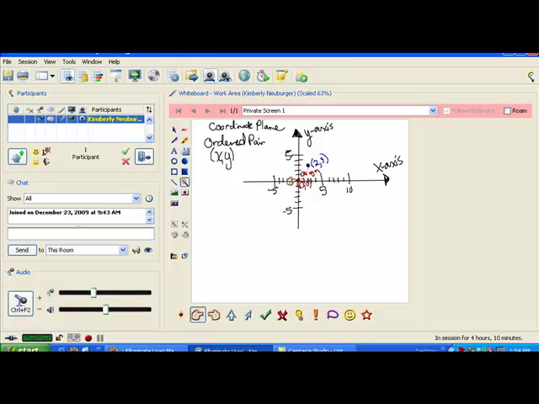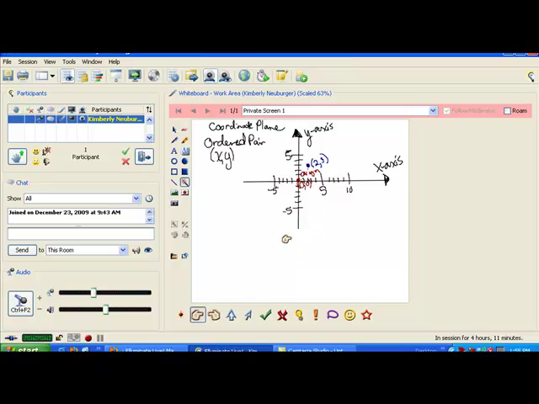On the y-axis, where it crosses the x-axis is 0, and going up is positive, and they get larger as you go up. Going down, they get negative, and they get smaller and more negative as you go down, which makes sense because you think of down as being negative.